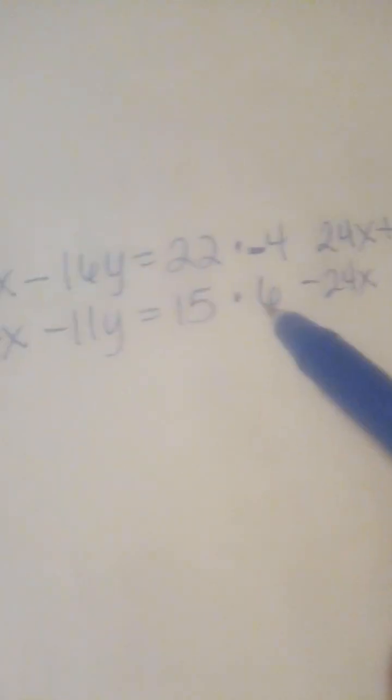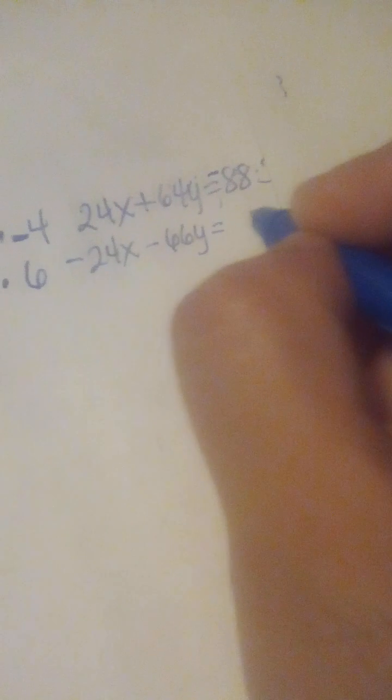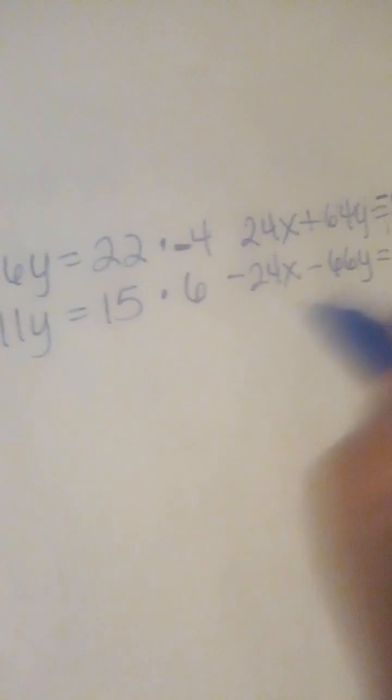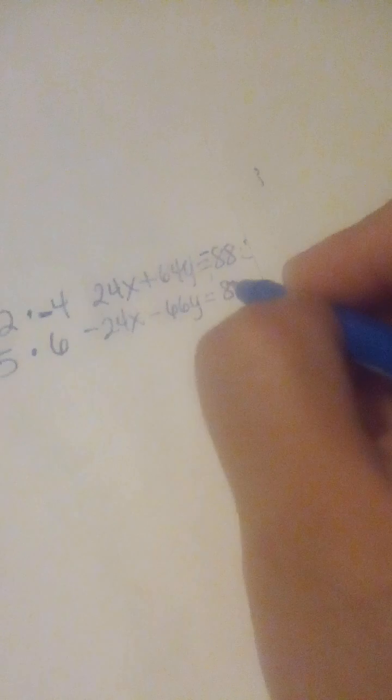Negative 4 times 6 is a negative 24x. And then negative 11 times a positive 6 is a negative 66y. And then 15 times 6 is 90. Almost made a mistake.